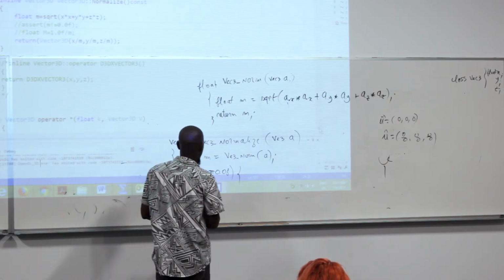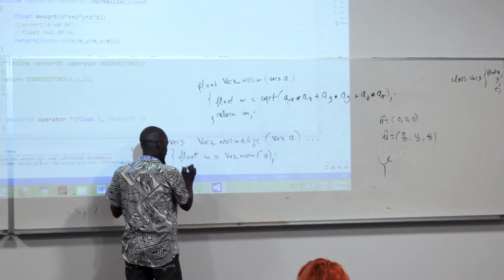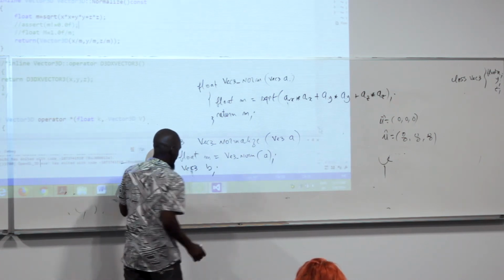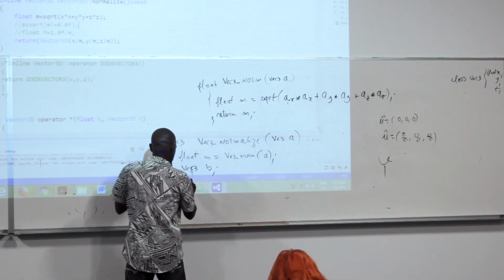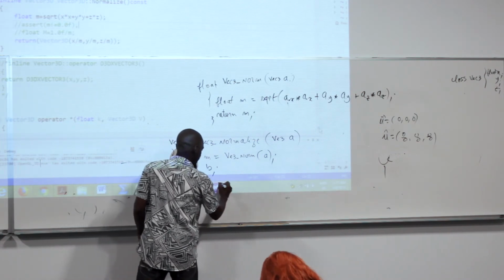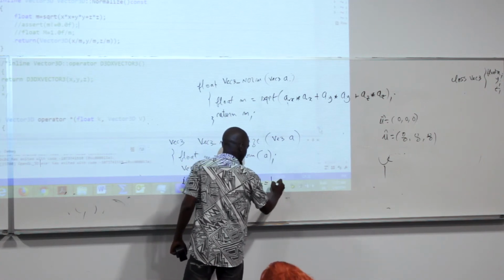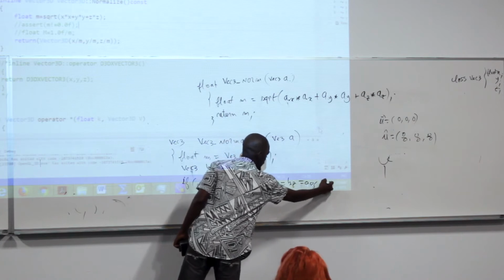I don't have more space up here. I want to define something here called vector3 B. That's the one I'm going to return. If M is 0, then B.x, B.y, B.z are 0. That is the 0 vector, the one I'm going to return.